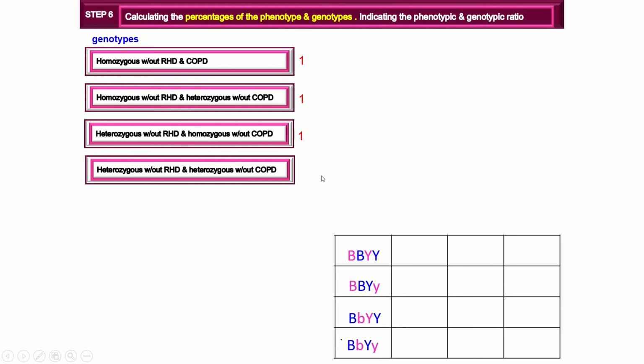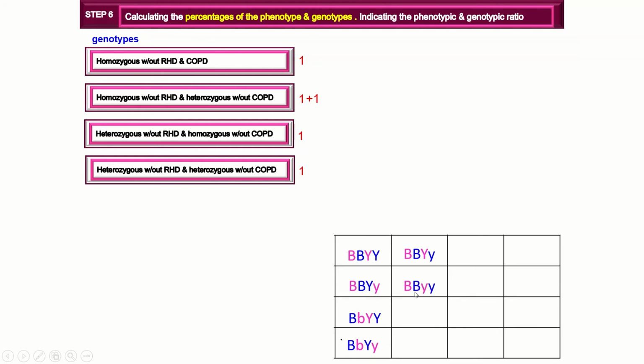Next, I'll place one. Next column, this is homozygous without RHD and heterozygous without COPD. And I think this one and this one are the same, so this is plus 1.